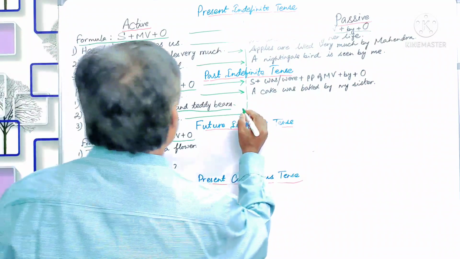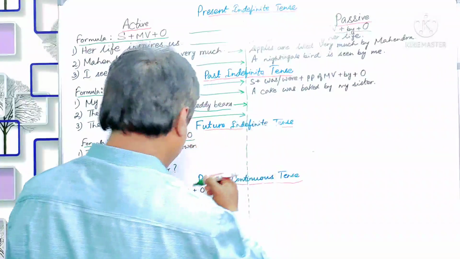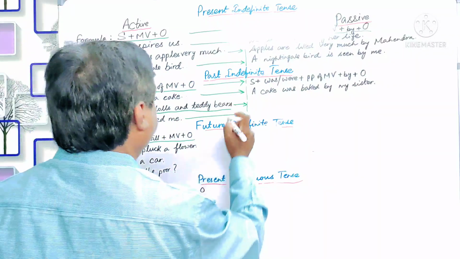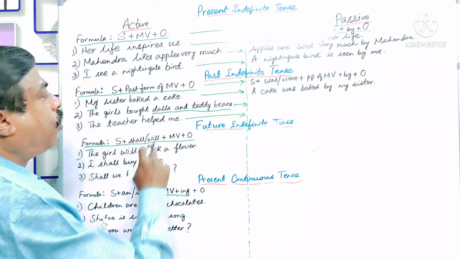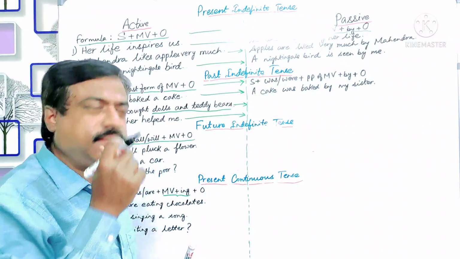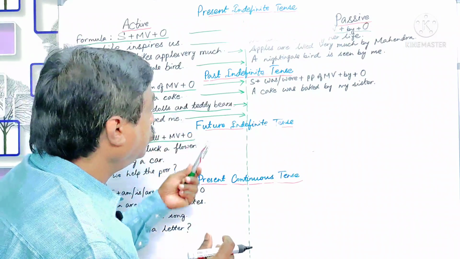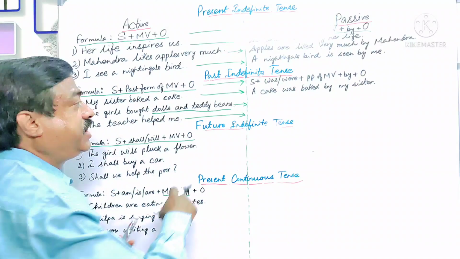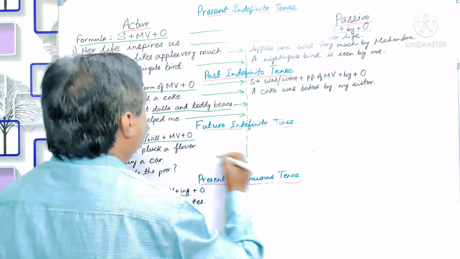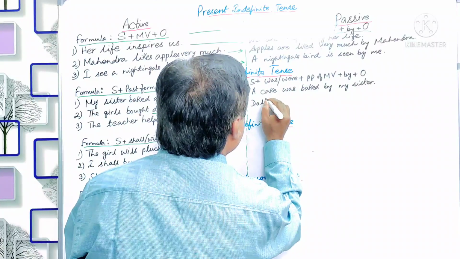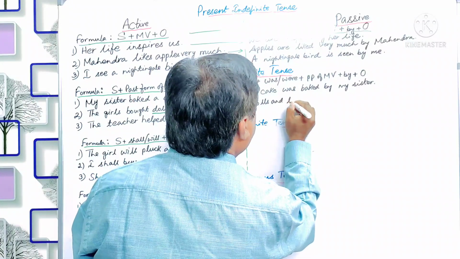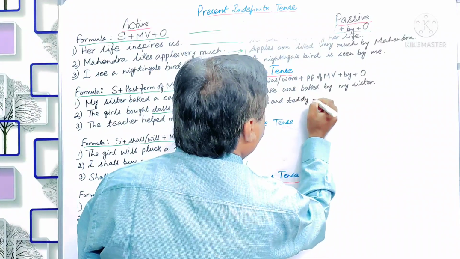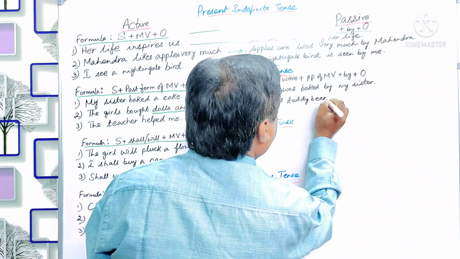Now, the girls bought dolls and teddy bears. So dolls and teddy bears as a whole is the object here. That will become the subject in the passive voice. So you write dolls and teddy bears.